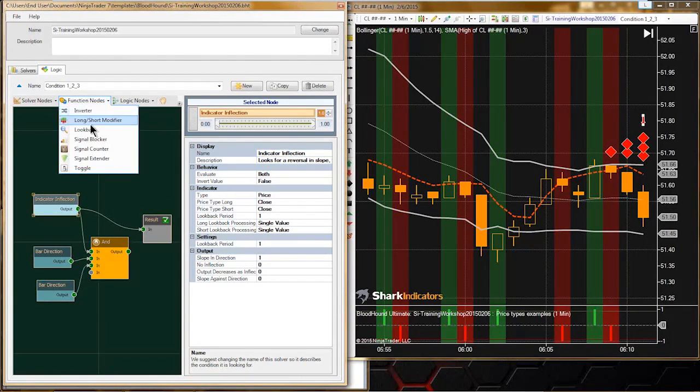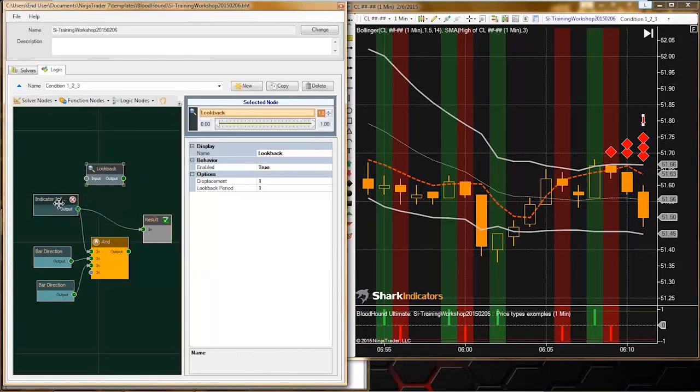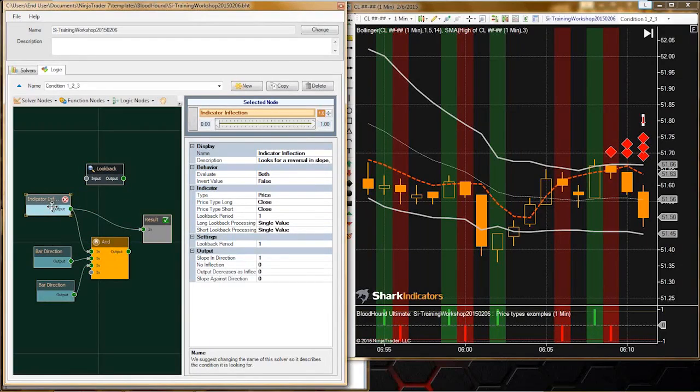So one way to do that is we can use this Lookback node. There's actually multiple ways to do this. You can see that the inflection solver here has this Lookback period. I could use that, but I don't think that answers the way the question was written.